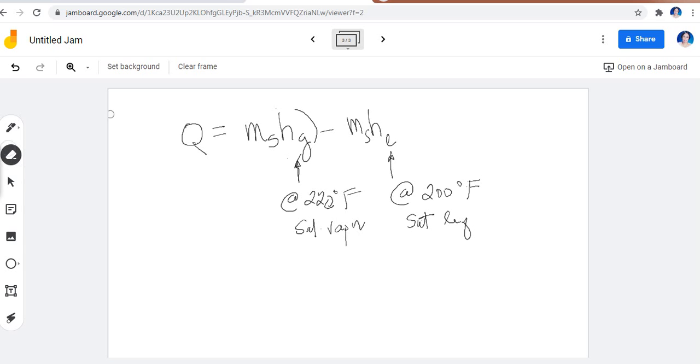So you're going to get the values of the HG and the HL from the steam tables.